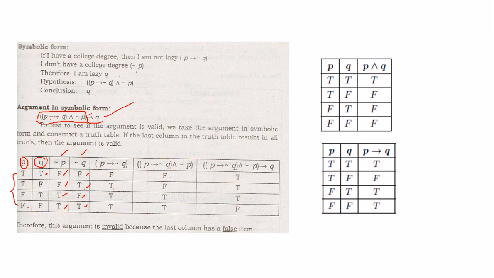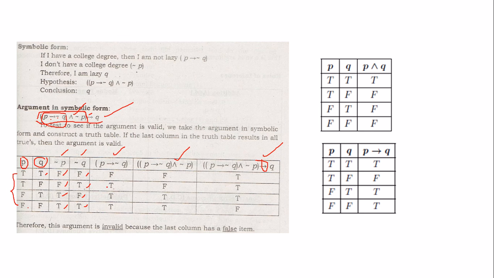So this if-then operator will be our last operator. Since this is in parentheses, we'll start here, since we have the negation. After this, we have another operation, the conjunction.